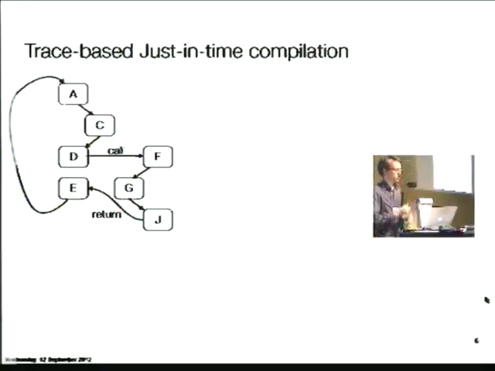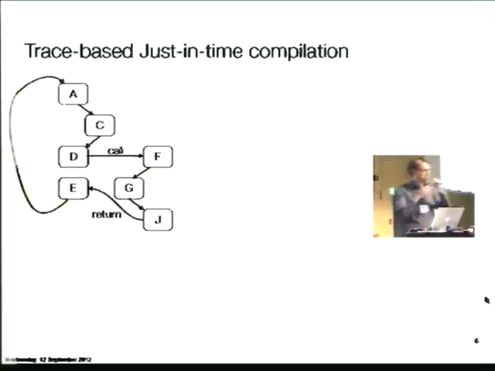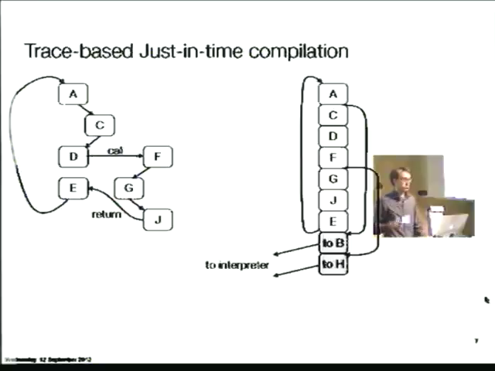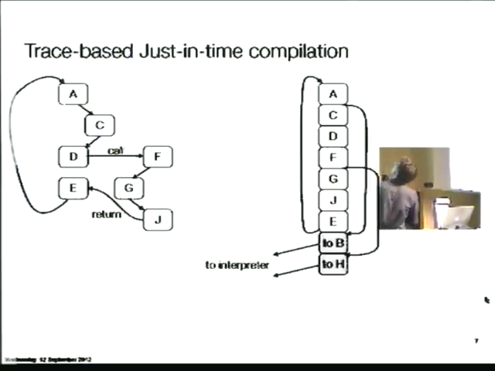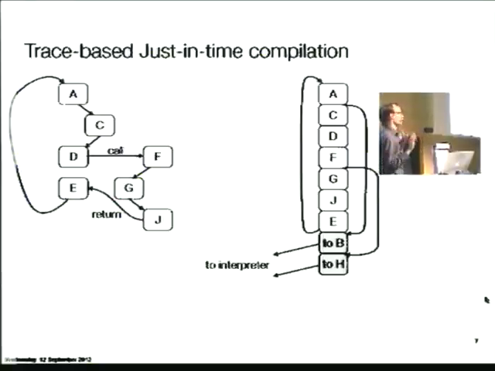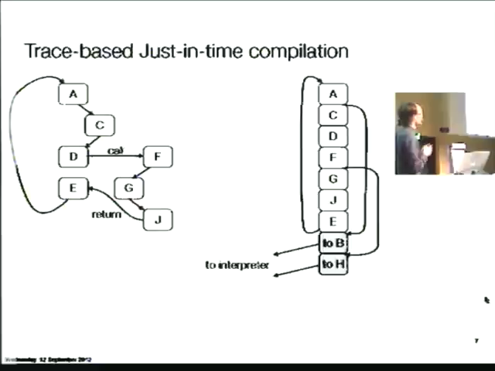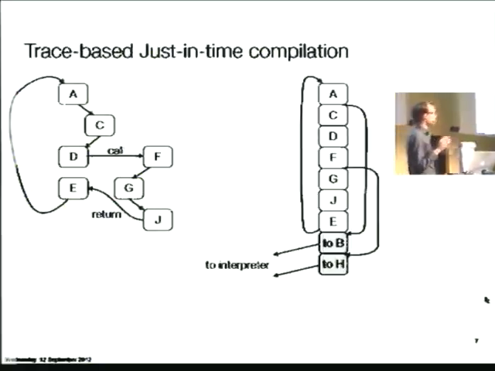So the idea is to only observe execution paths of the program at runtime, and then compile only those. What you get then is, A, you're only compiling the hot parts of the program, at least that's the hope, and B, you get straight-line code, that is, you get locality.